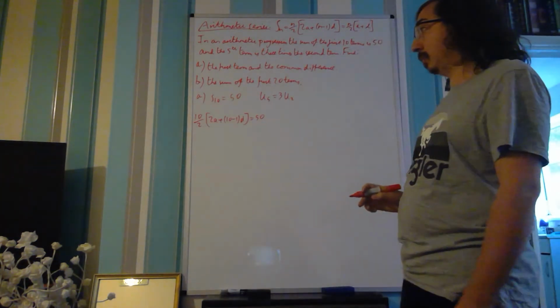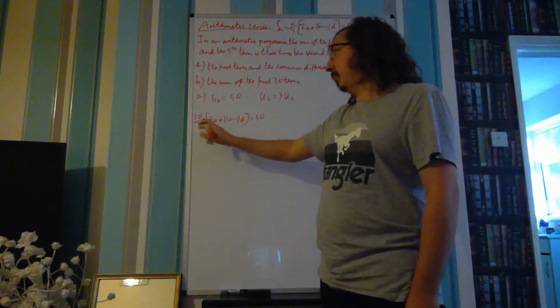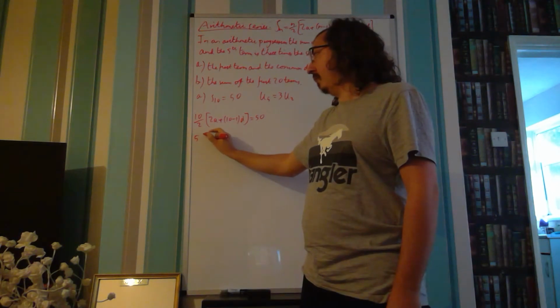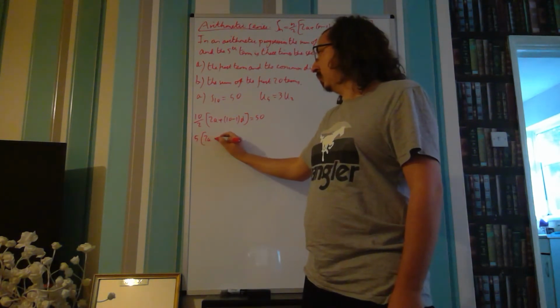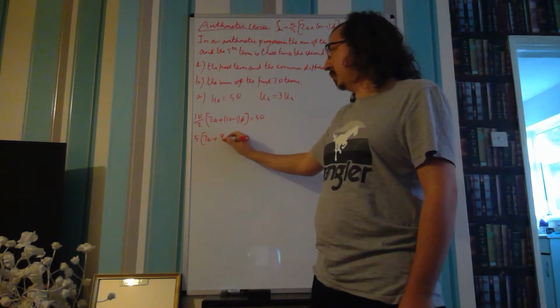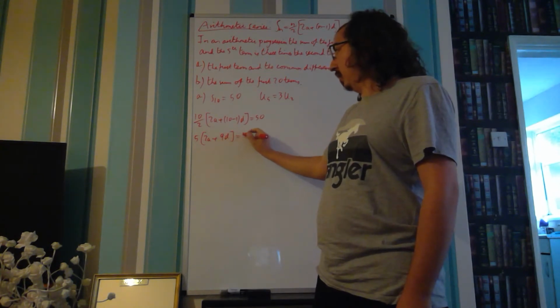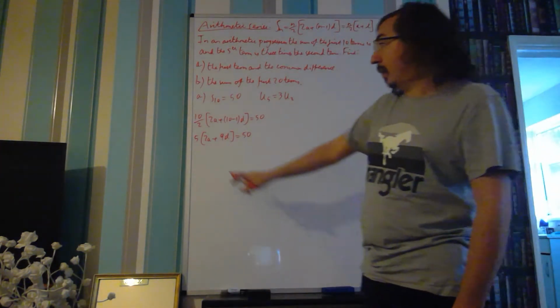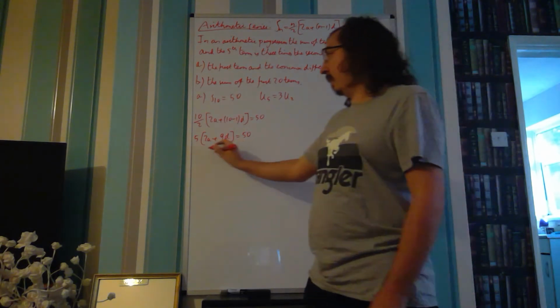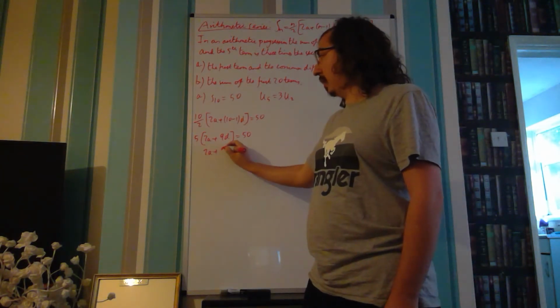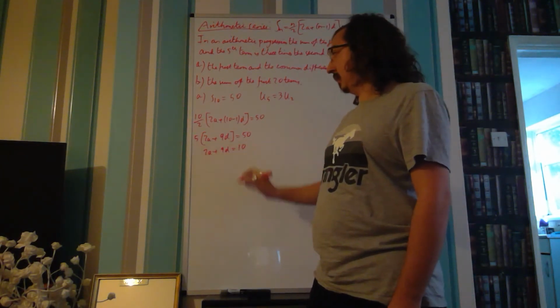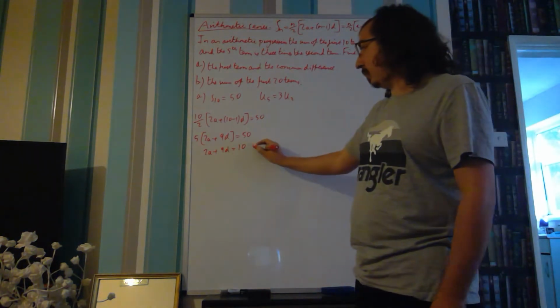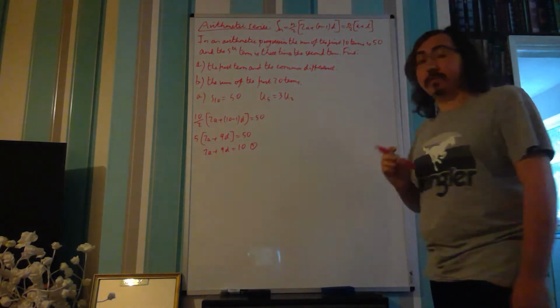We know that that is equal to 50. Simplifying this a little bit, you have 5 times 2a plus 9d is equal to 50. And if we divide both sides by 5, we can say that 2a plus 9d is equal to 10. That is going to be our first equation.